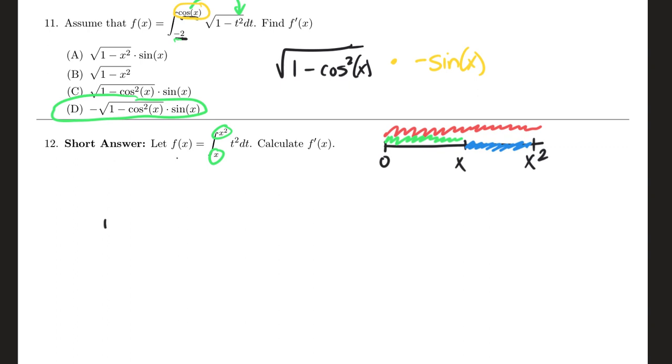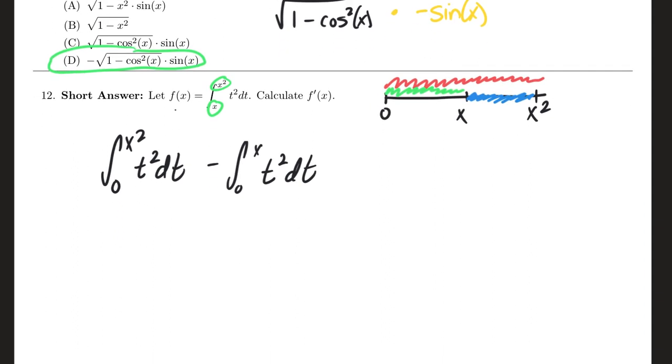All right, so I'm going to do the 0 to x squared part. I'm going to subtract the 0 to x part. And nothing else changes. I basically just split this one thing up into two separate things, but they're equal based on that little picture I drew. Now I do the fundamental theorem.